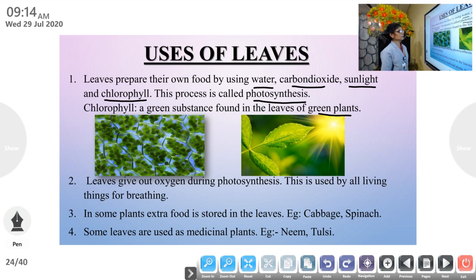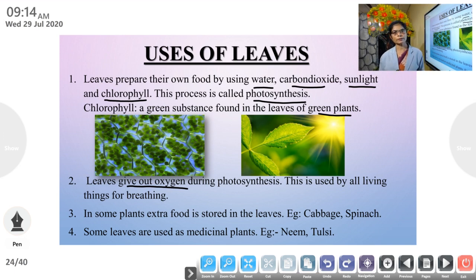What is the next use? Leaves give out oxygen during photosynthesis. During the process of photosynthesis, leaves give out oxygen and they take in carbon dioxide.